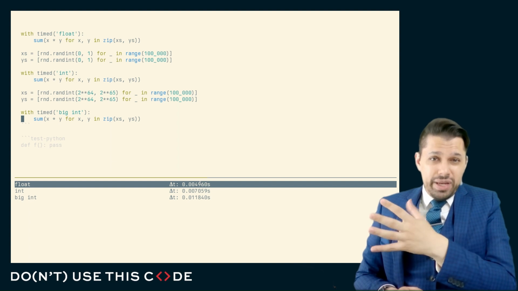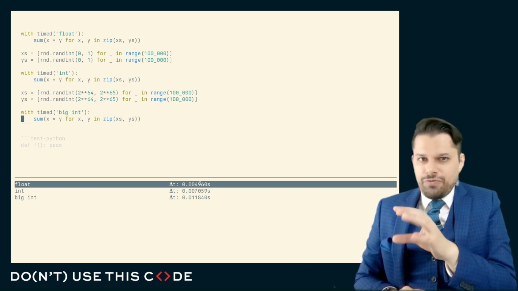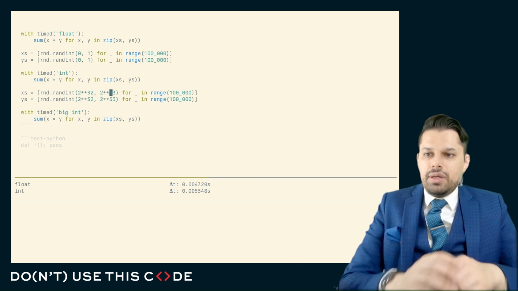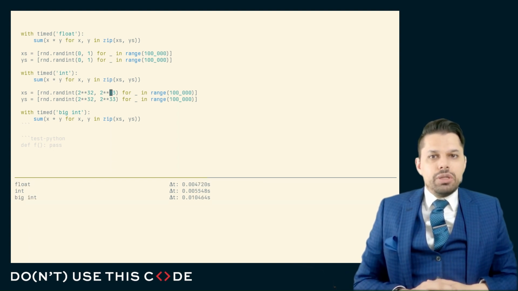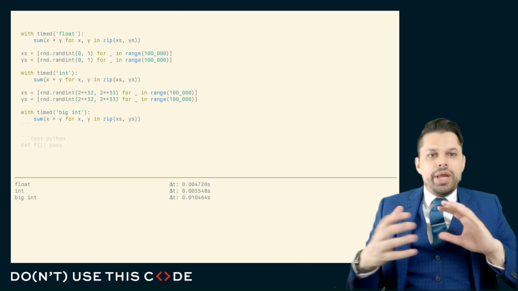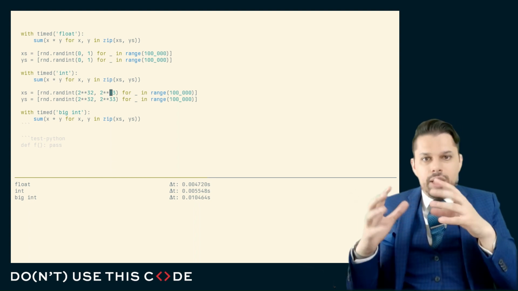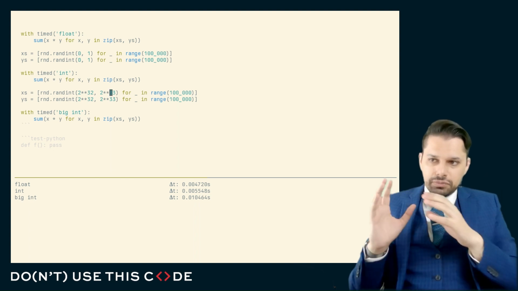Here, the 64-bit is to kind of lead you to think about things like 64-bit integers, but I suspect that if I were to make these values anywhere from 32 to 33 bits in size, we'd see that same performance degradation. It's not because we're hitting the bounds of a 64-bit integer, because Python doesn't work with 64-bit integers. Well, at least it doesn't work in terms of how it stores them.